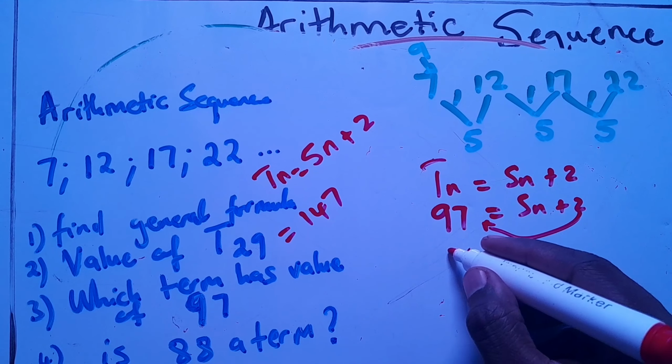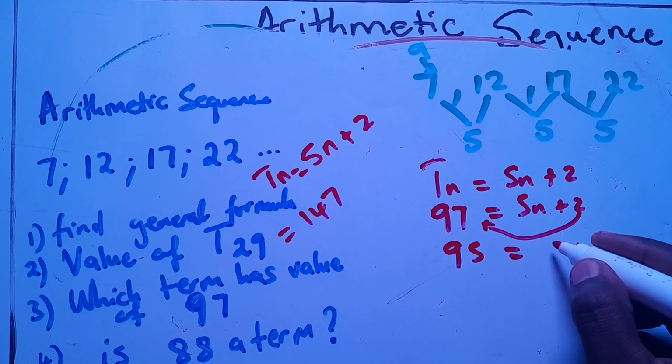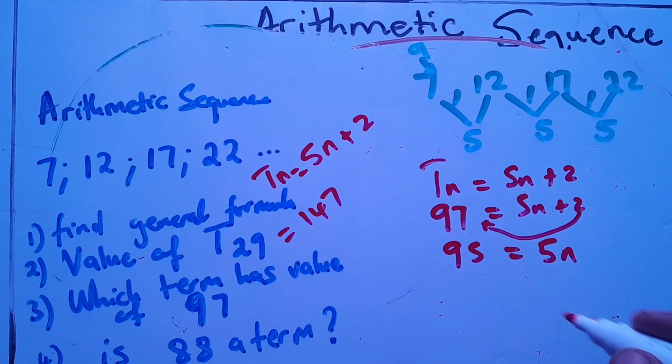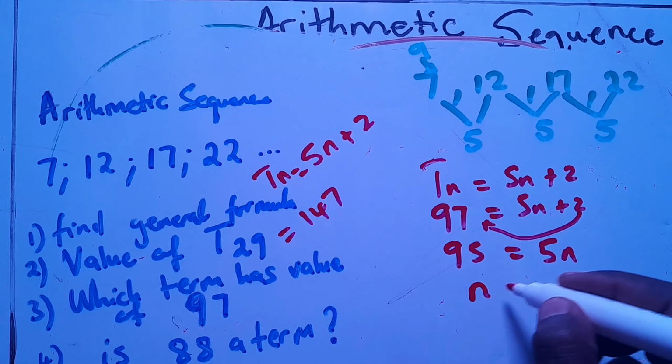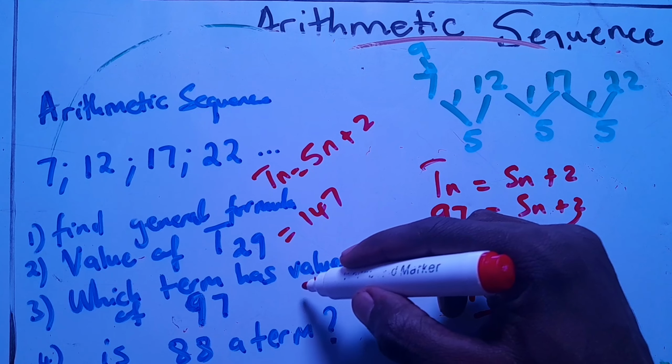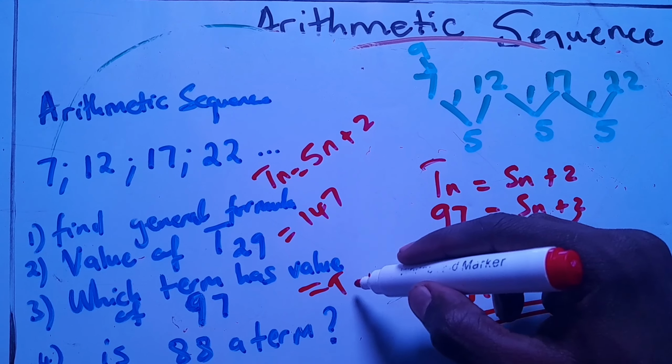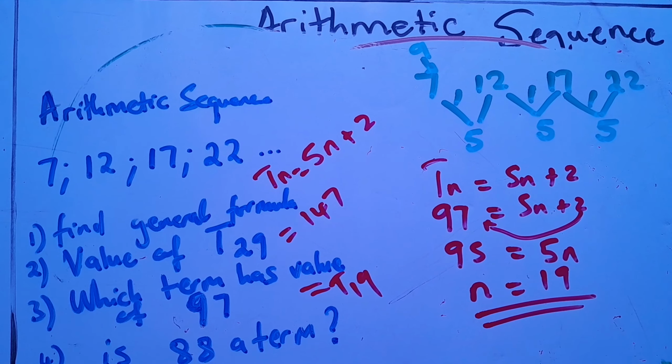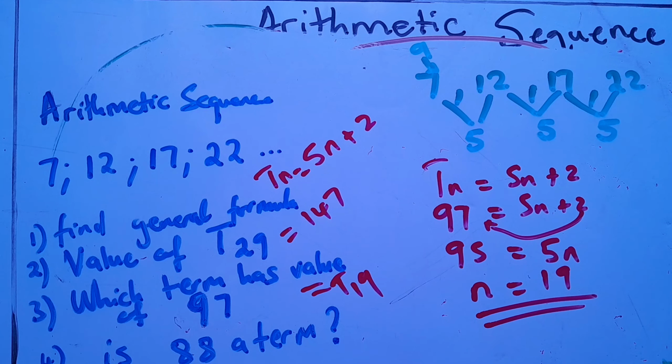So 97 minus 2 is 95, equal to 5n, and we divide both sides by 5. It means that our n is equal to 19. So this is T19, right?